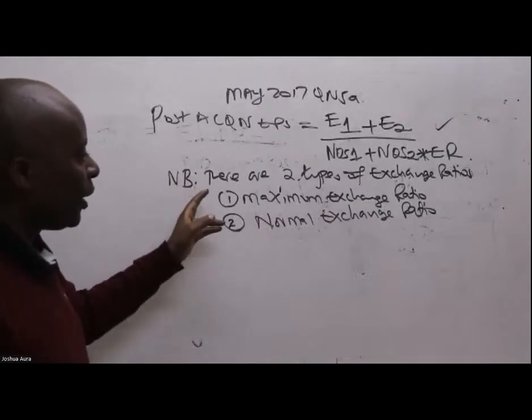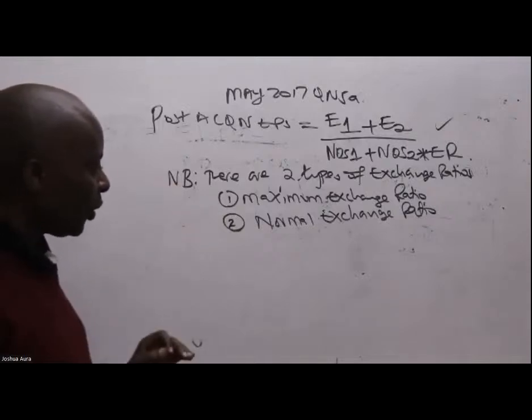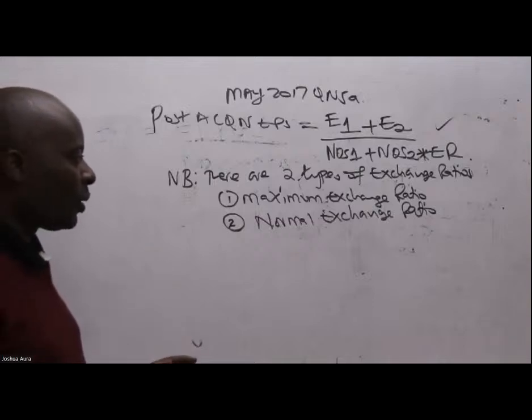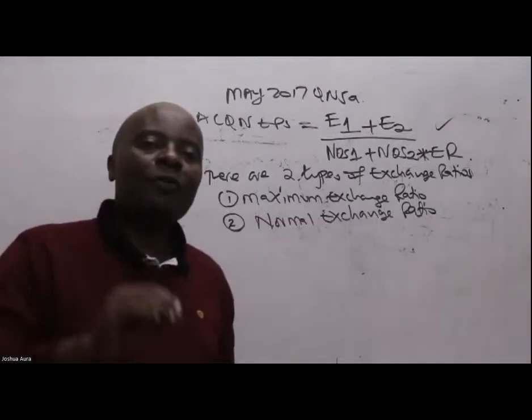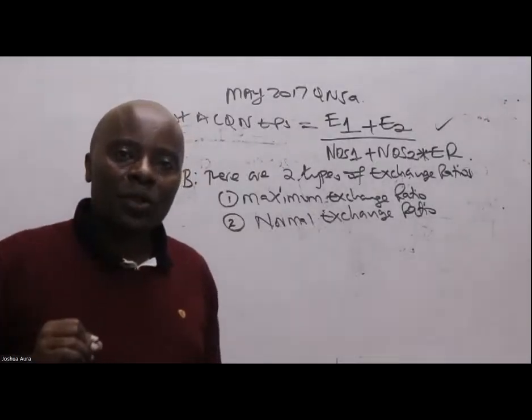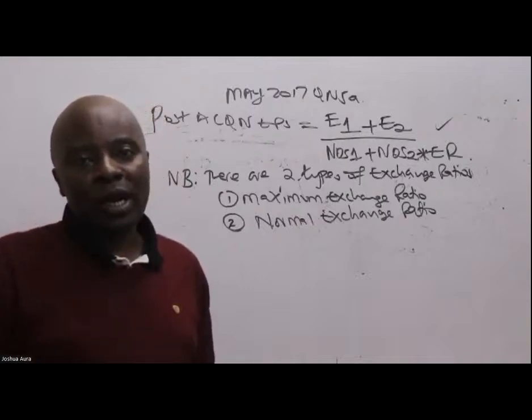Great. So there are 2 types of exchange ratios. Number 1, we have the maximum exchange ratio. And number 2, we have what we call the normal exchange ratio. If the examiner specifically asks you to calculate the maximum exchange ratio, then there is a formula that I've always wanted you to cram.